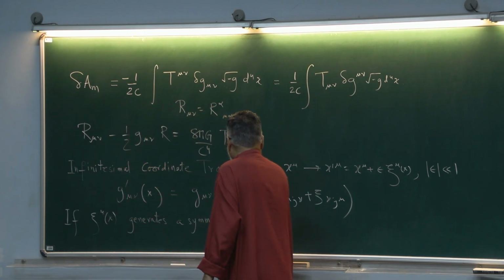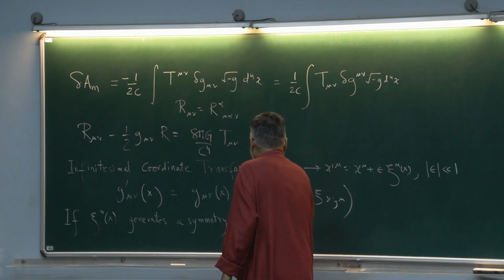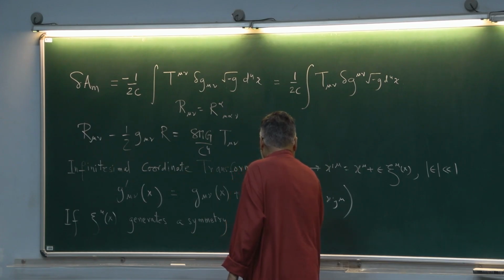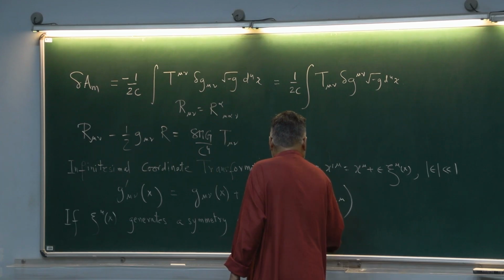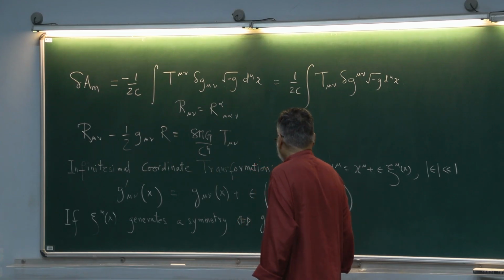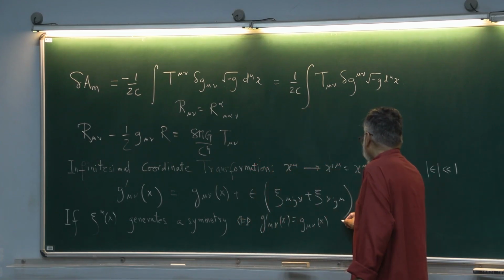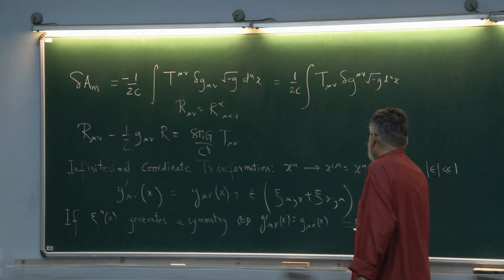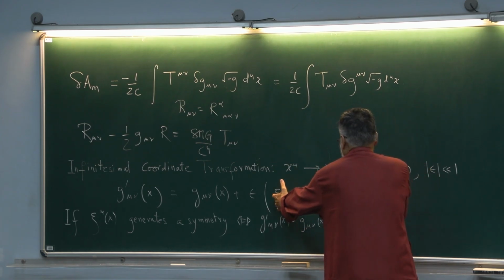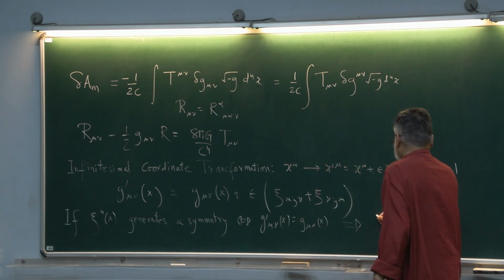So this is equivalent to g prime mu nu of x being the same as g mu nu of x. This is the meaning of space-time symmetry. This can happen only if xi mu semicolon nu plus xi nu semicolon mu is 0. That's the Killing equation.